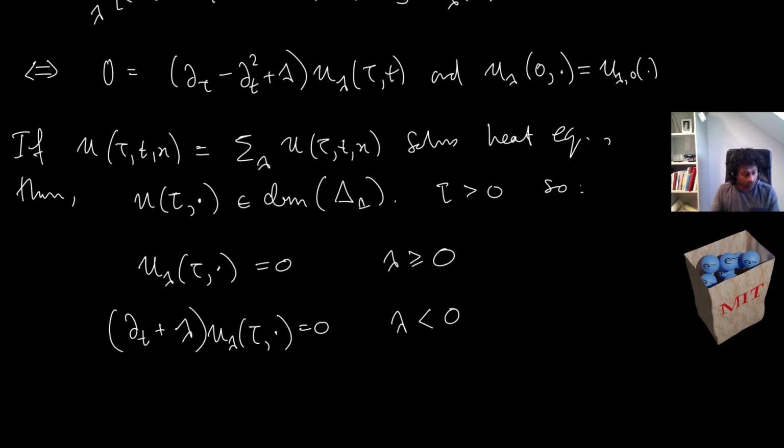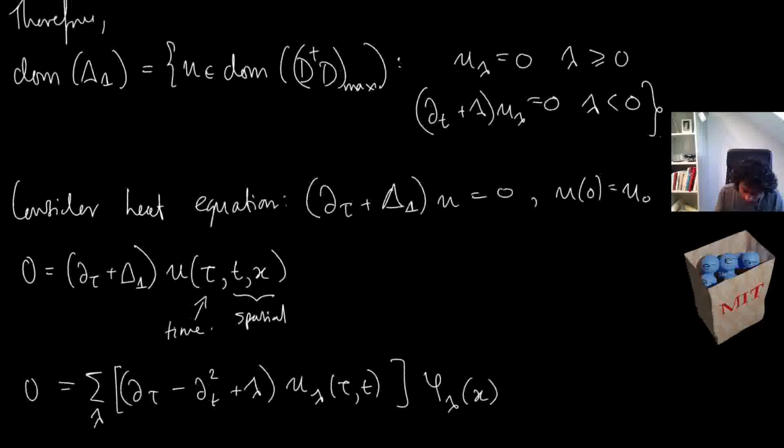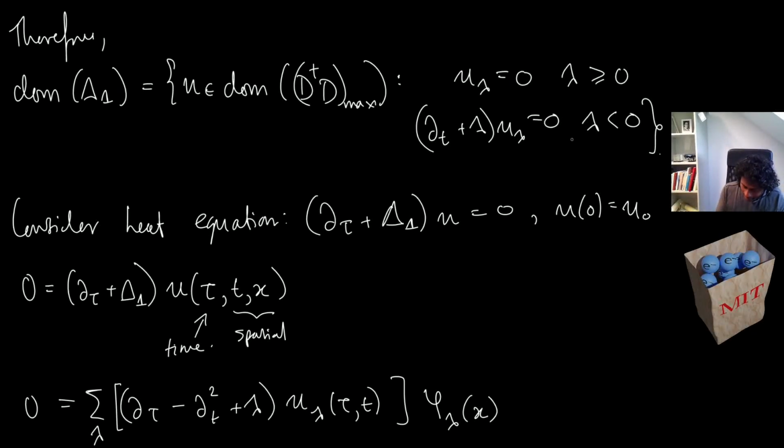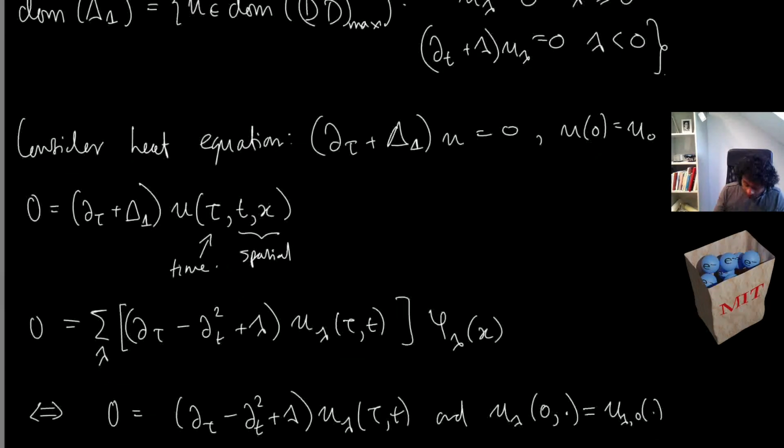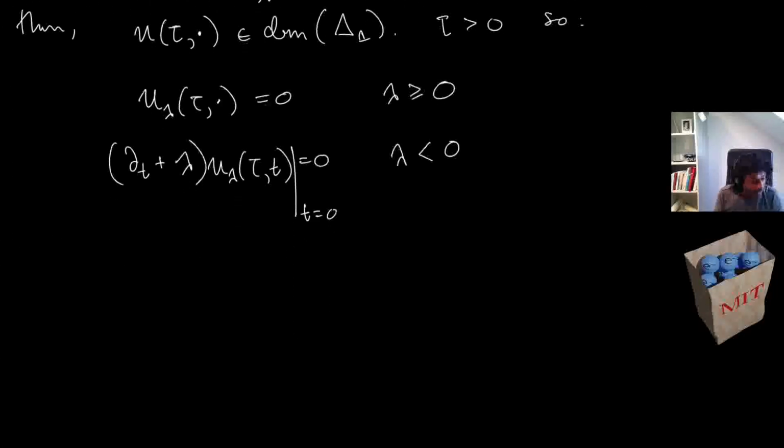Okay, so this is cheating. I should really put a t here, and this is at t equals 0. So we first apply the equation in t, and then we take t at 0. So this is nothing but what we computed here as what it means to be in the domain of Λ₁. So we've done really nothing there except that.